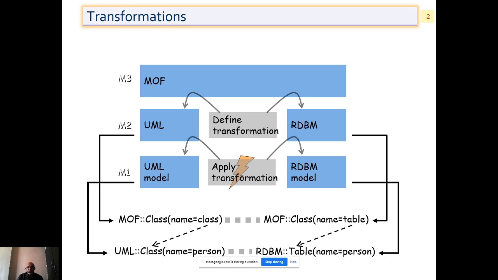You will have horizontal transformations between UML and RDBMS, UML model to RDBMS model. You derive the MOF class name, and there it has been interpreted in terms of table, and then you can have, let us say, a class, and the class name is, let us say, person. So you will create a table for person, right?